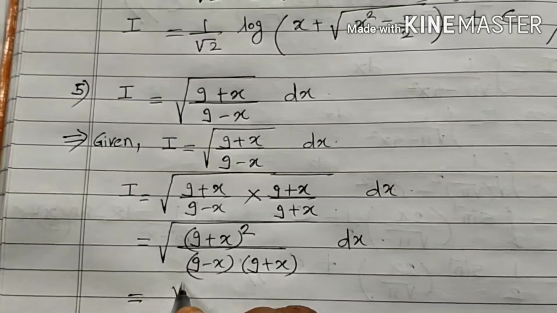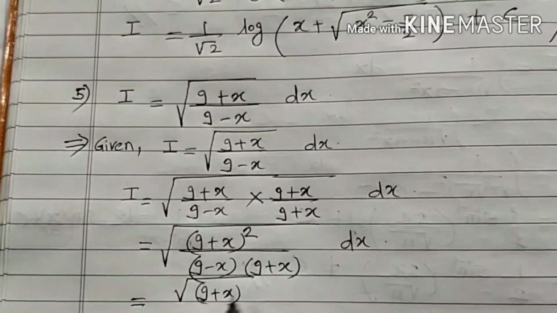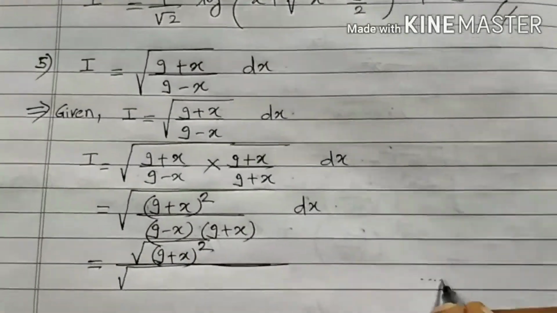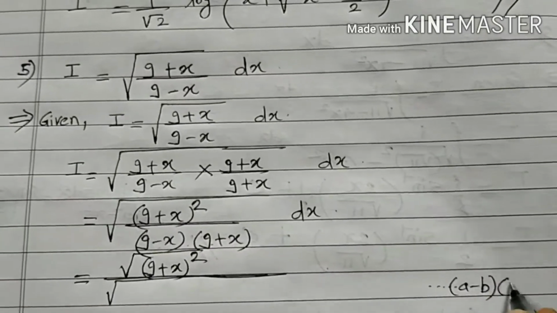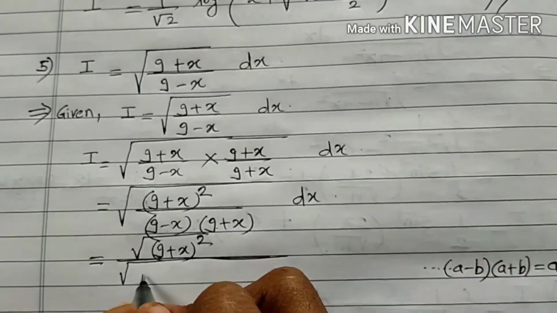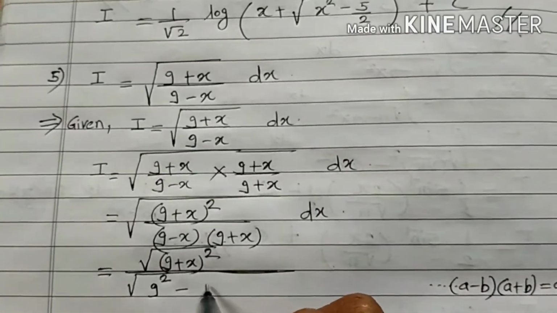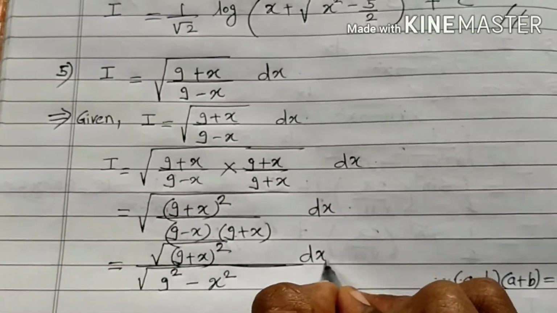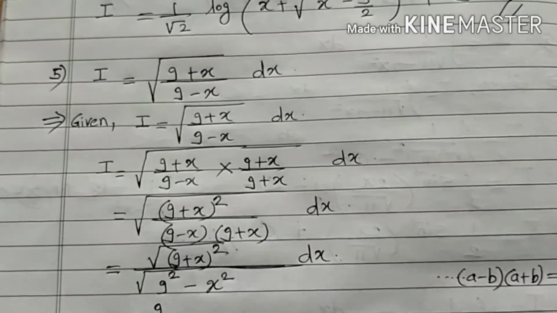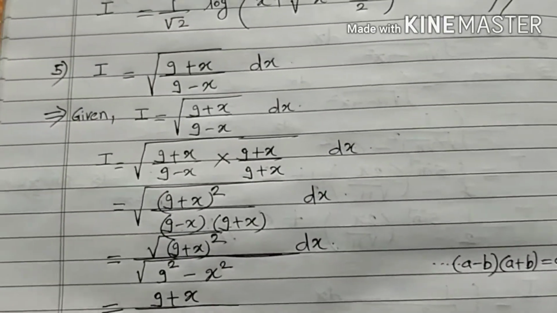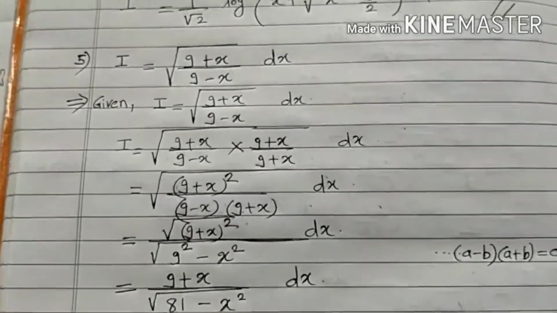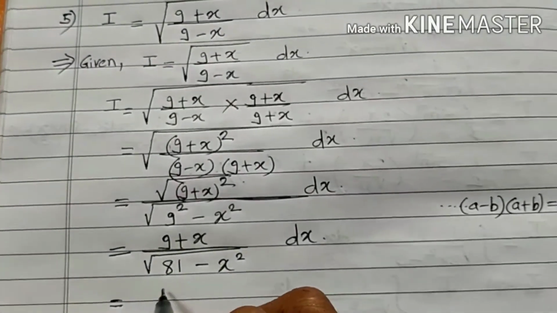So separate the roots: 9 plus x whole square, and here under root of a minus b, a plus b. Here you can use the formula a minus b into a plus b is equal to a square minus b square. So it is 9 square minus x square dx. And you can observe this square and square root get cancelled. So only remaining is 9 plus x upon under root of 81 minus x square dx. Now separate the denominator.